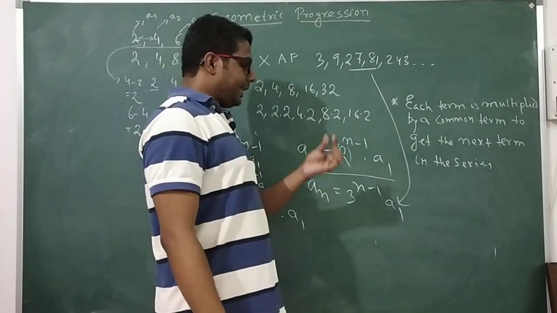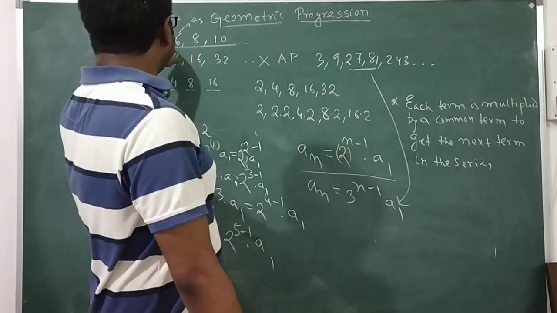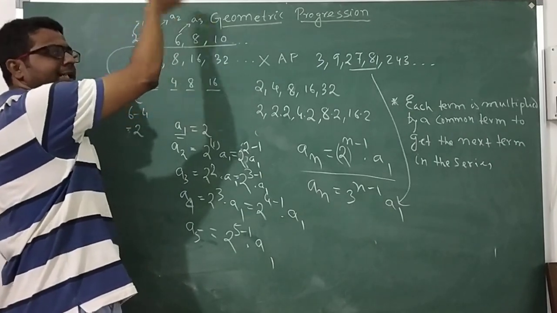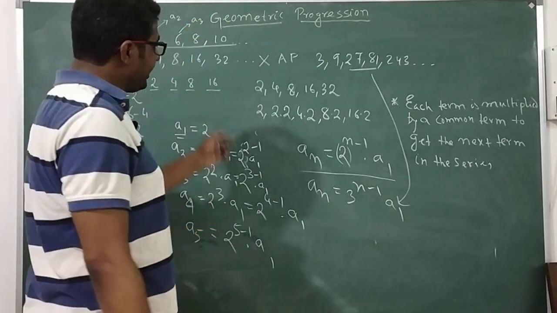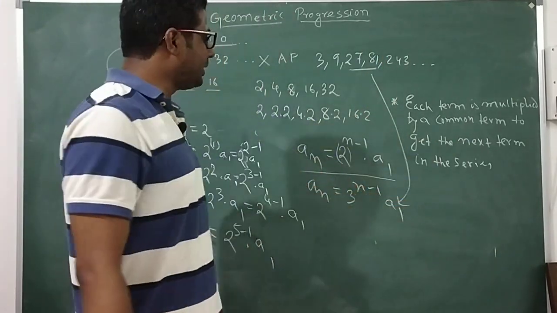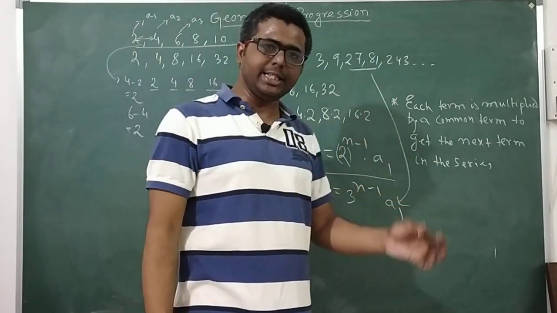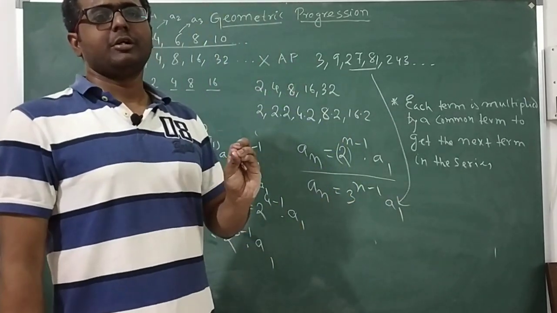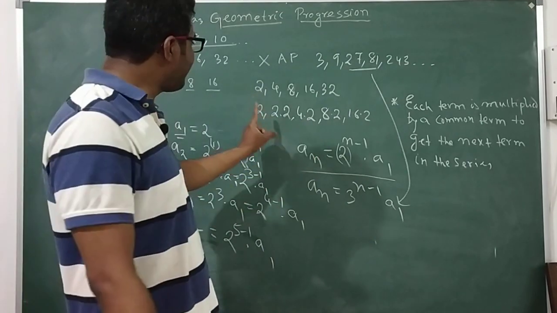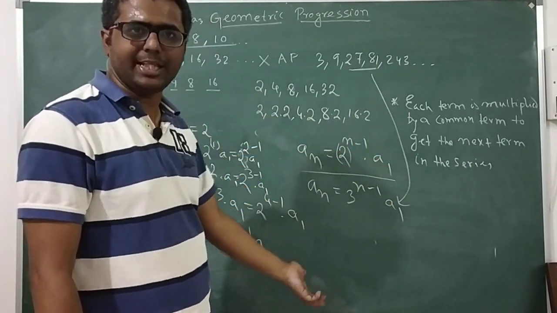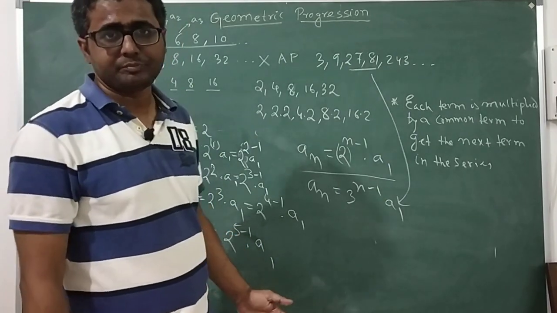So a term was added to each term to get the next term in case of AP. In case of GP, one term is multiplied to get the next term. The term that gets multiplied with each term to get the next term is common to every term, 2 or 3 or maybe 5, 6, 7, anything, or even a fraction.